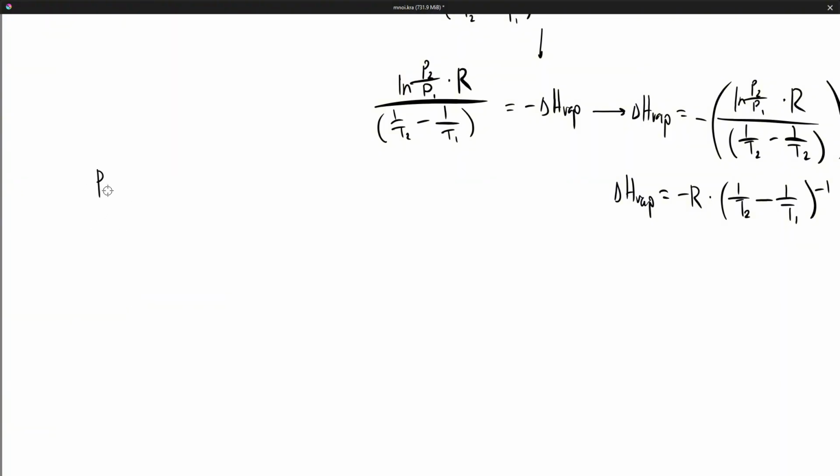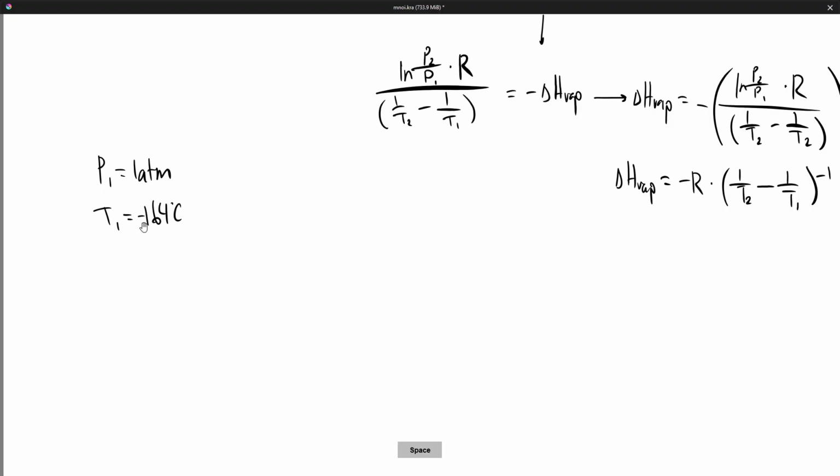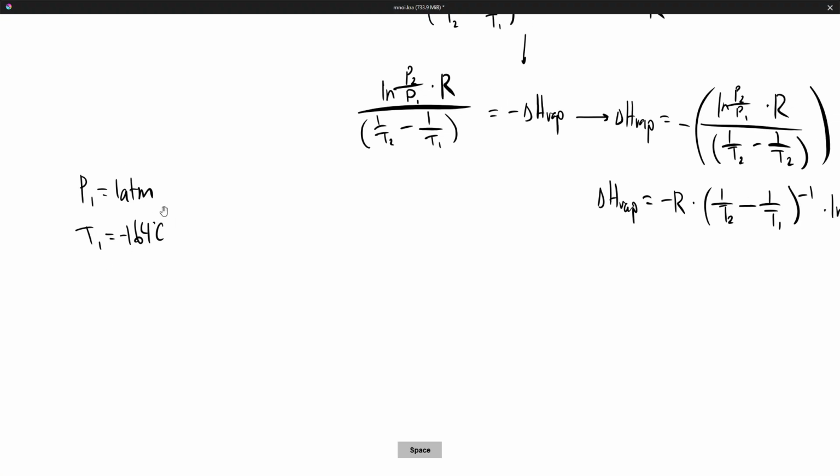So P1 is 1 atmosphere, and that's tied to the boiling point, which is negative 164 degrees Celsius. And it says it has a vapor pressure of 42.8 atmospheres at negative 100 degrees Celsius. So we treat that as our P2 and our T2.